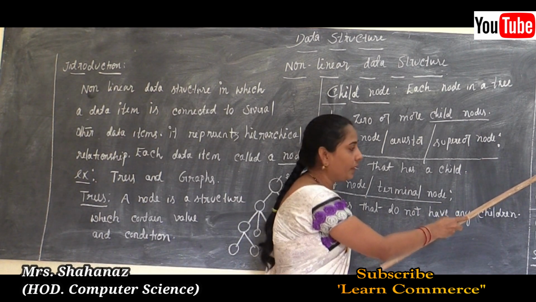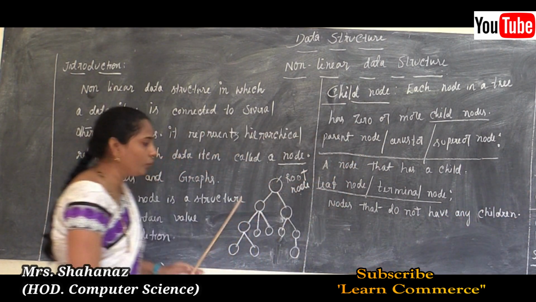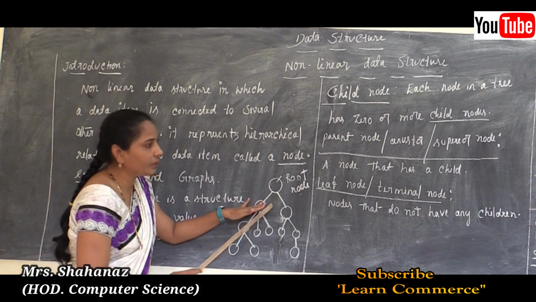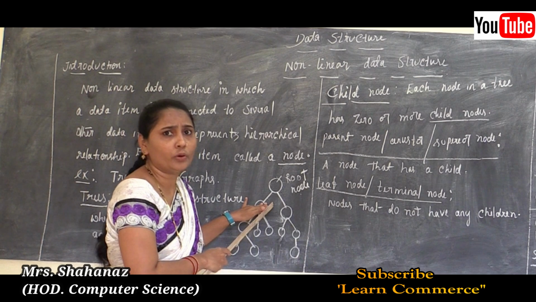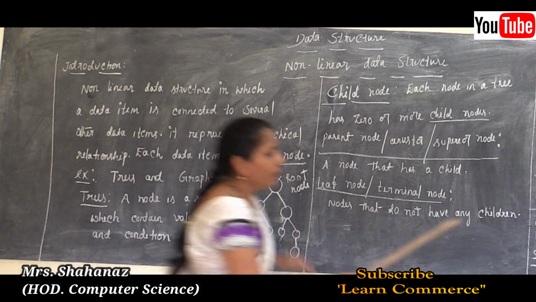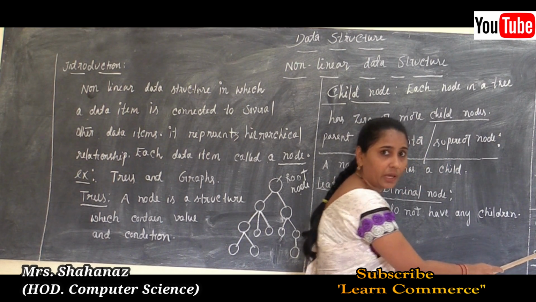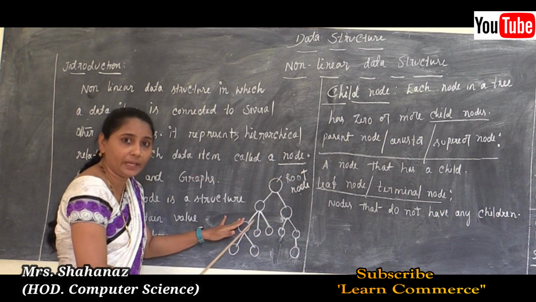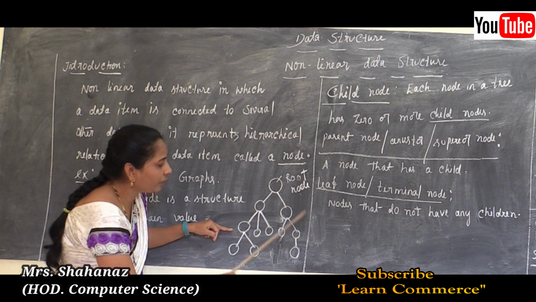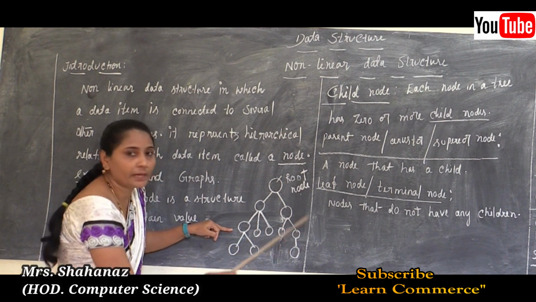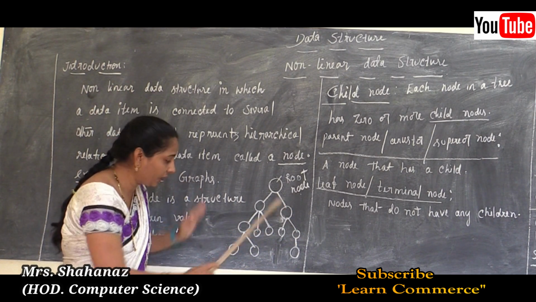Now what do you mean by the internal node or the inner node? The internal node, or inner node, is any node of a tree that has a child node and thus is not a leaf node.